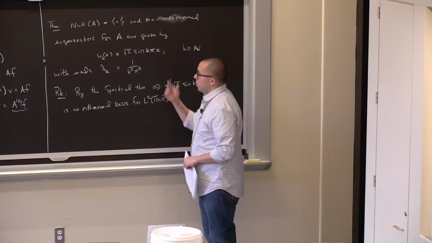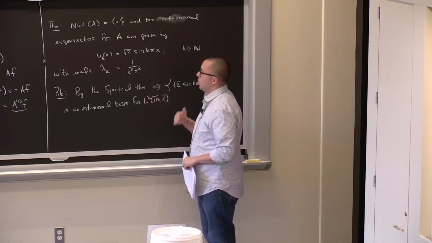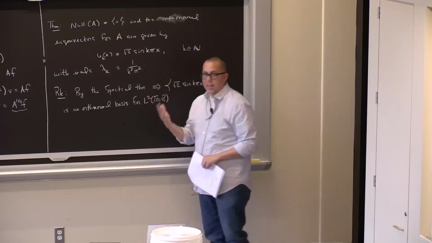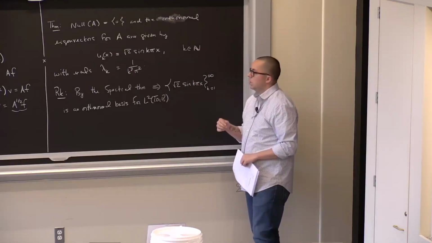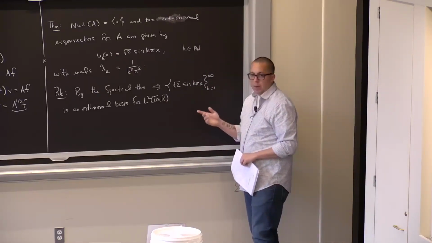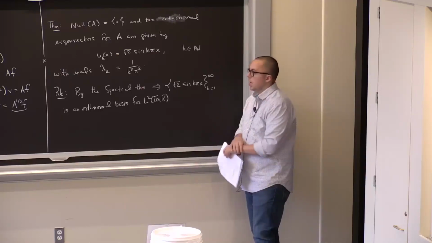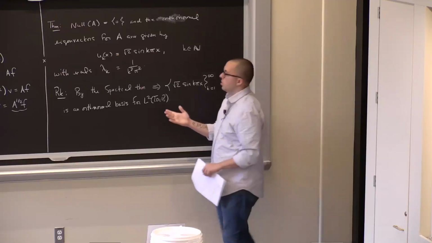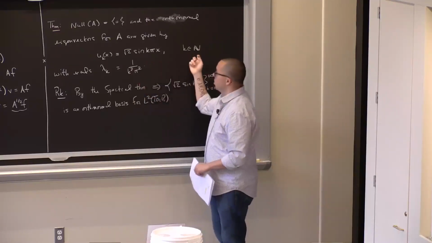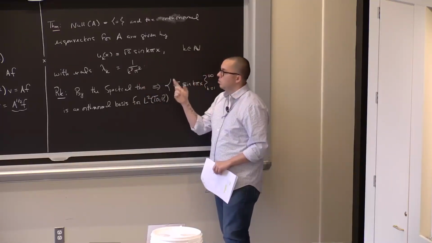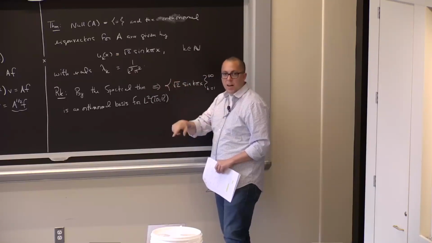So we use the spectral theorem to conclude that this is an orthonormal basis for L2. You can also prove it directly using what we know about e to the i n x being an orthonormal basis for L2 of minus pi to pi. Just by rescaling, e to the i n pi x is an orthonormal basis for L2 of minus 1 to 1. Now we have functions here defined on 0, 1, which we can extend by odd parity to minus 1 to 1.